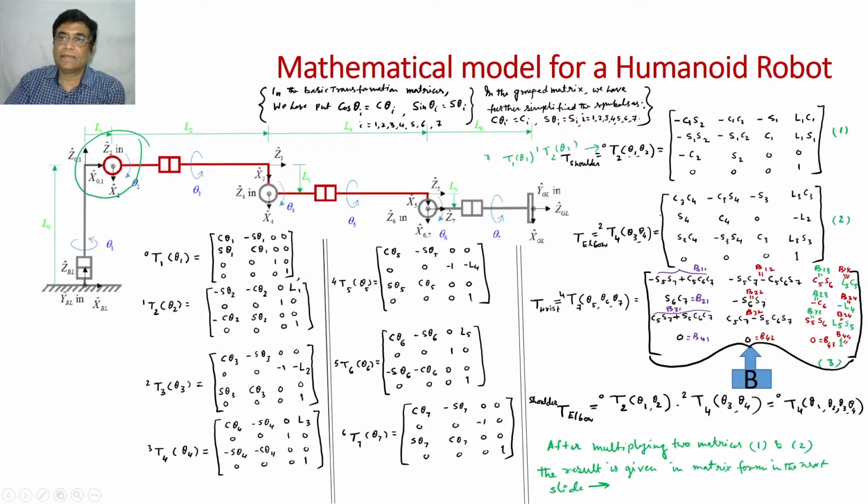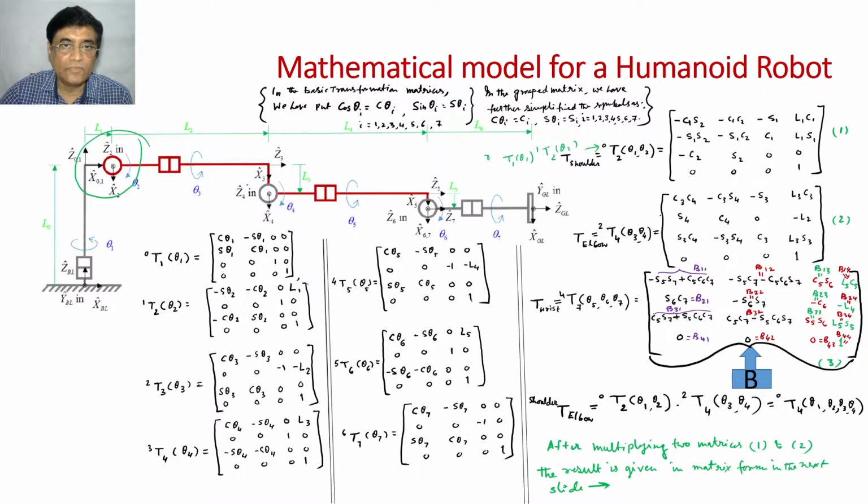Thanks to our coordinate axis selection, at least for the first and last matrices the way we selected them, many zeros and ones are there. So multiplying this one and this one is not very tough. You can easily do that, and that gives equation number 1.